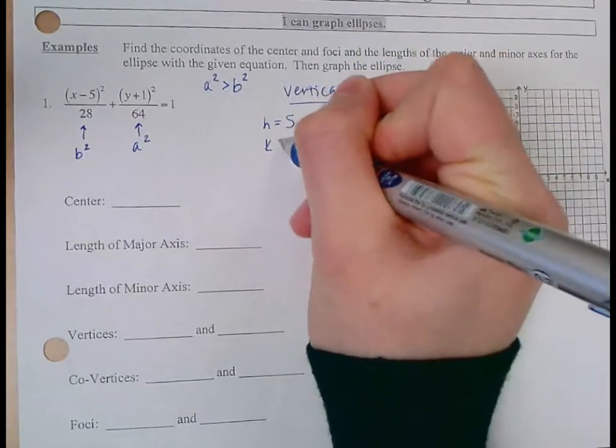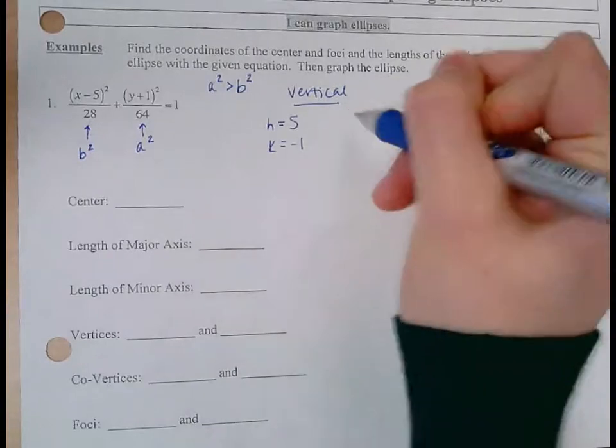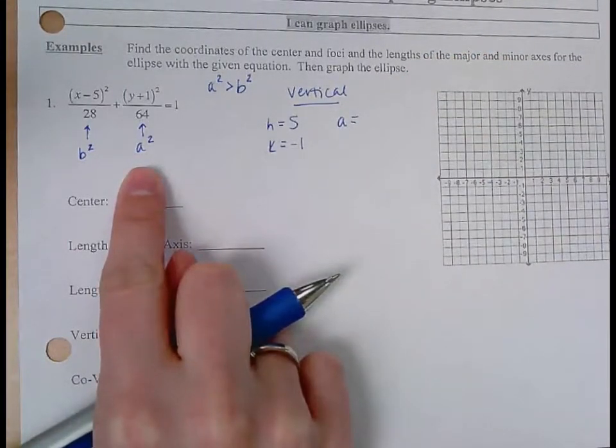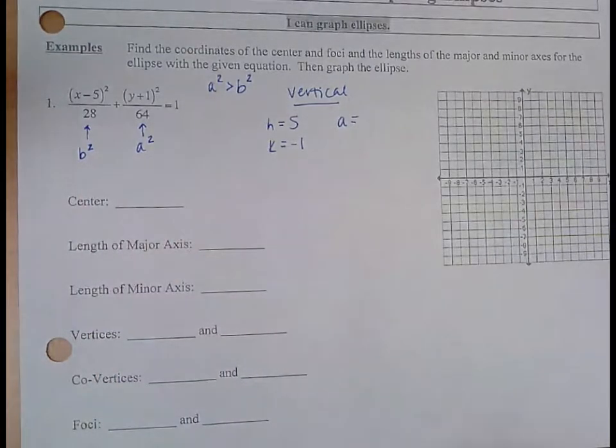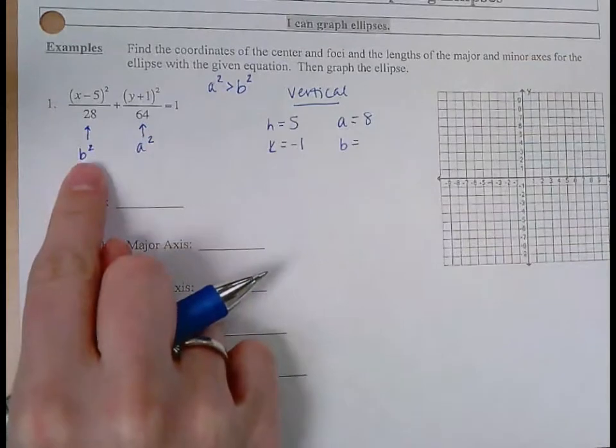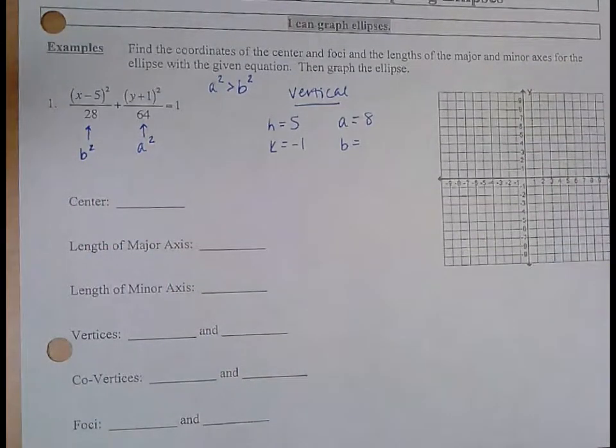What is K? Negative 1. And then if A squared is 64, I know that A is the square root of 64, so A is 8.